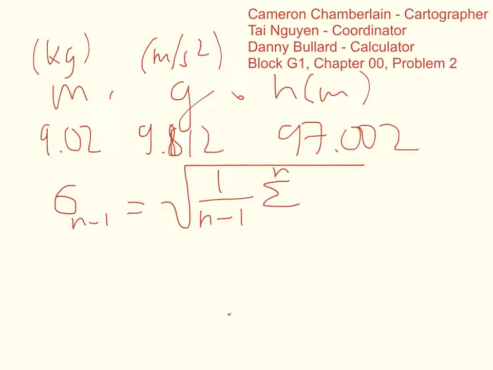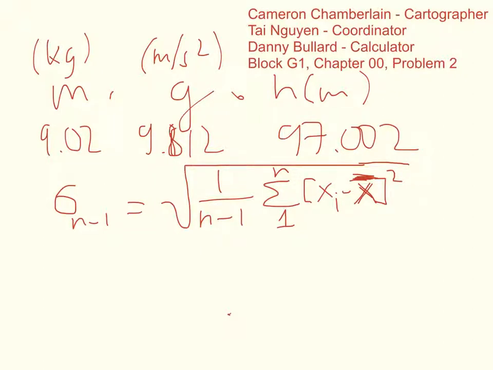And again, sigma. So xi is the value of each measurement, and then the x with the line on top is the average.